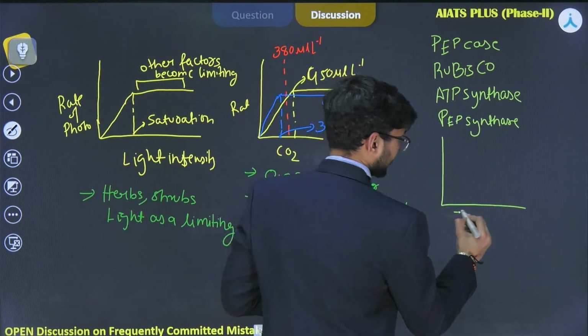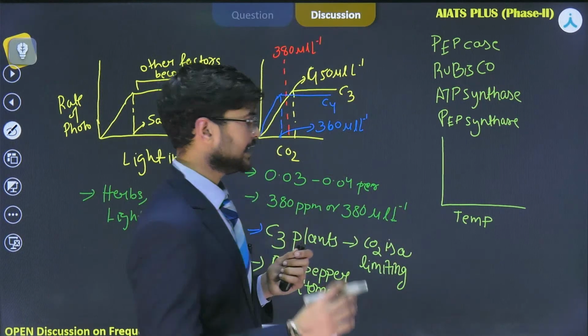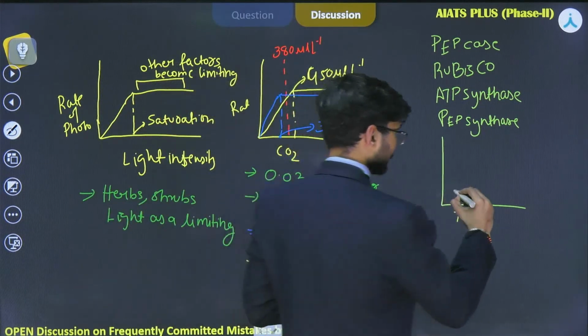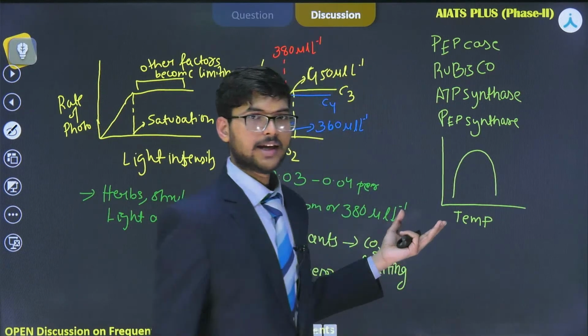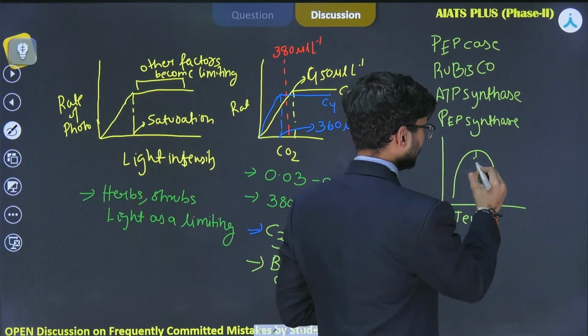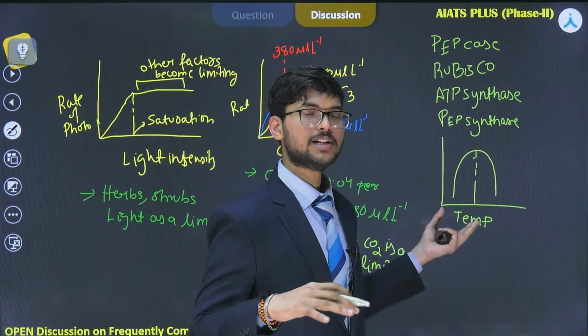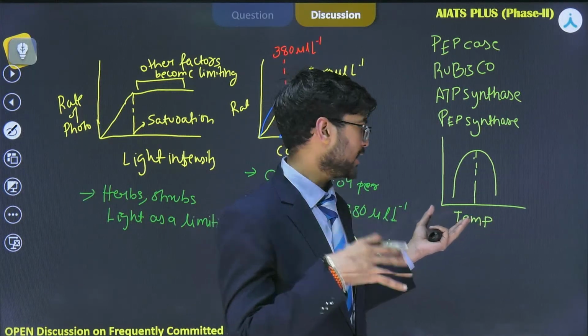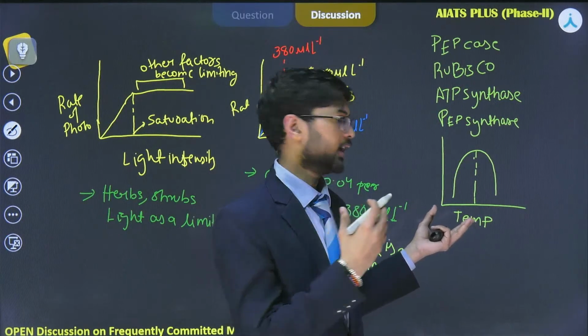For temperature itself, you will see this kind of graph, where the enzymes form this kind of curve. In this case you find that there is an optimum range. This is the optimum temperature where the enzyme will act and carry out the highest rate of catalysis.